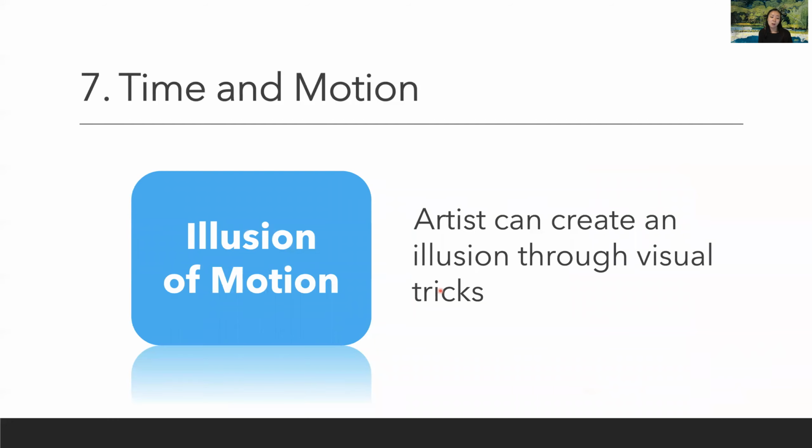Artists can also communicate the idea of motion by creating an illusion of it. Artists create this illusion through visual tricks that deceive our eyes into believing there is motion as time passes, even though no actual motion occurs.